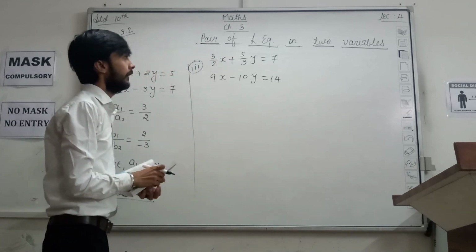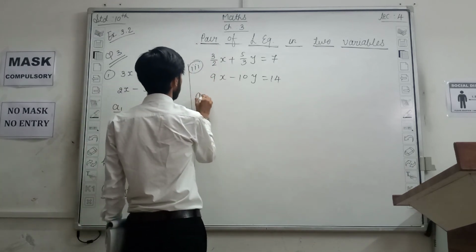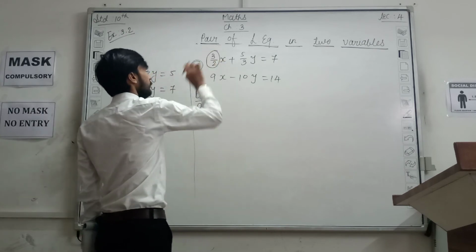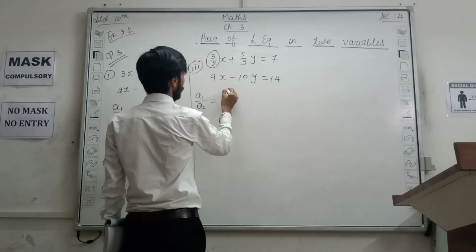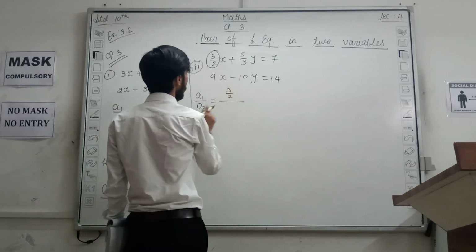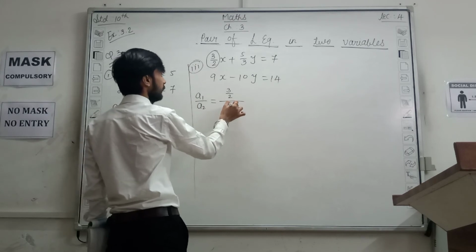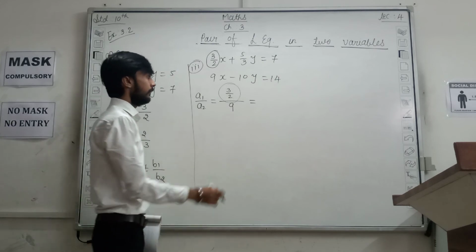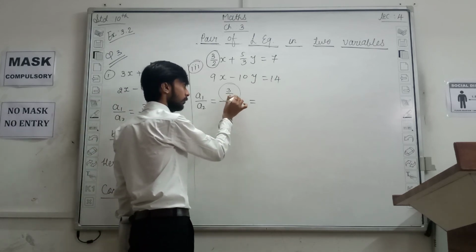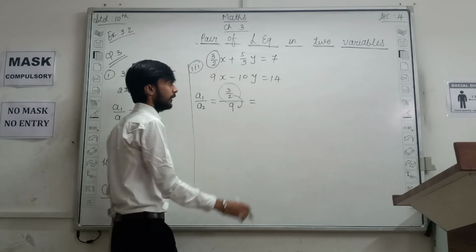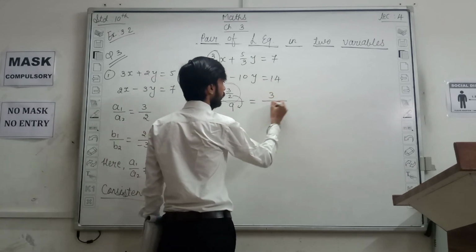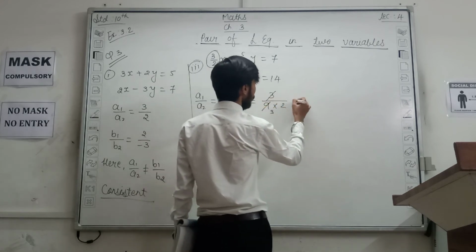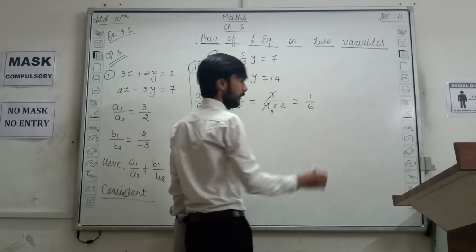Okay, now a1 upon a2. a1 is 3 by 2, so 3 by 2 upon a2. a2 is 9. Now we know that the denominator of the numerator goes to the denominator. So 3 upon 9 into 2. 3 threes are 9, so it will be 1 by 6.